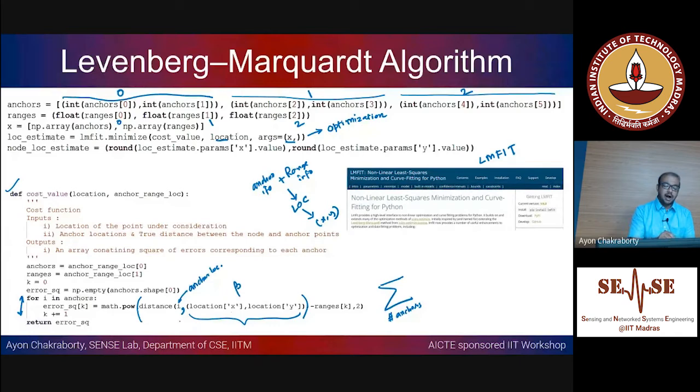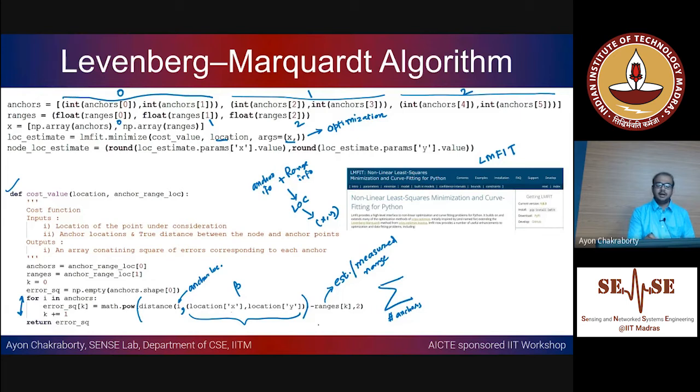That is the distance of i, comma, location x, location y, minus ranges k. What is ranges k? Ranges k is the distance that I have estimated, not the analytical value of the range, between the node and the beacon. It is the estimated or measured range.